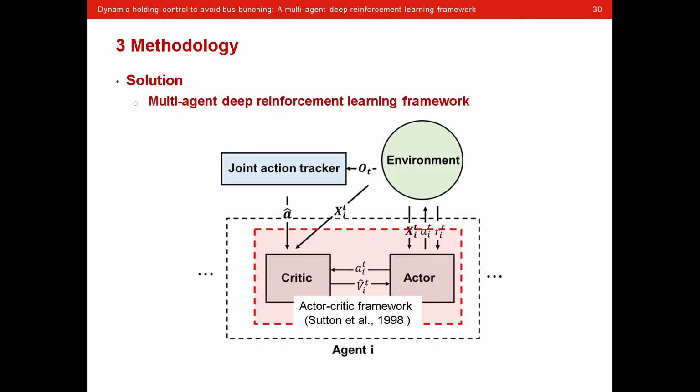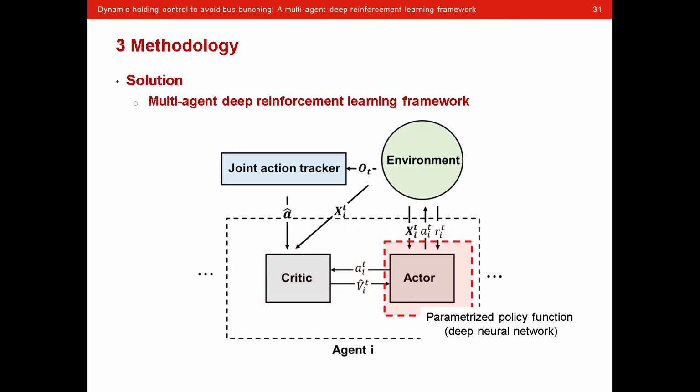As you can see, there is an actor-critic framework, and the actor is a parameterized policy function, which can use a deep neural network. The function of the actor is to produce an action based on its learned policy, and we can implement the action based on local observation here.